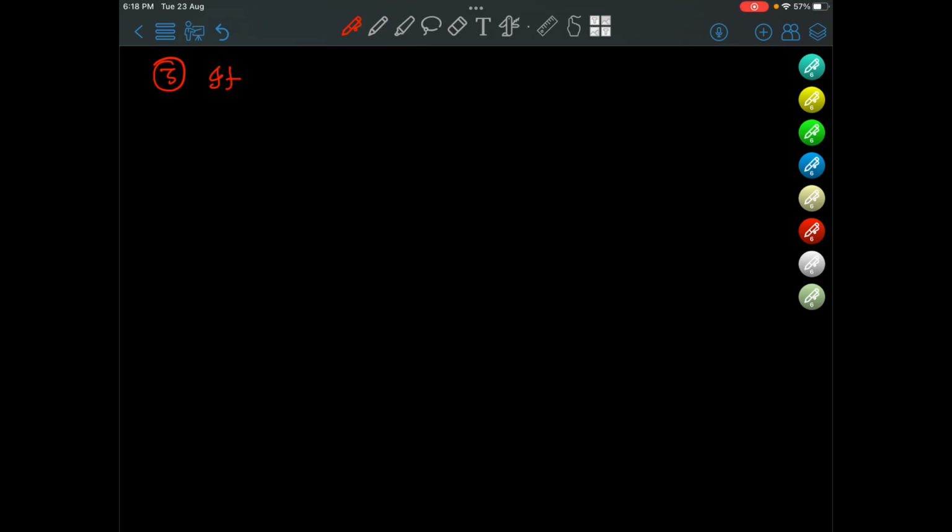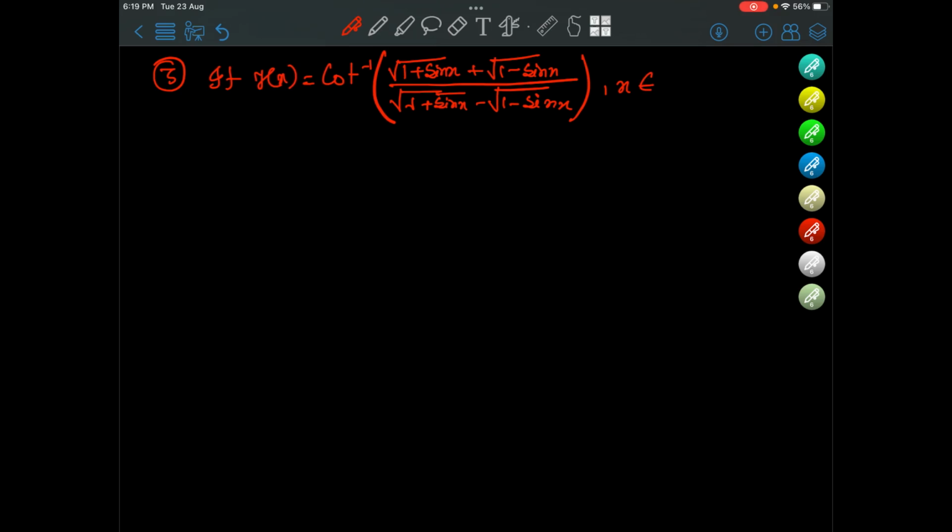The question is, if y of x equals to cot inverse of root of 1 plus sin x plus root of 1 minus sin x divided by root of 1 plus sin x minus root of 1 minus sin x, and x belongs to pi by 2 to pi, that means x is within pi by 2 and pi, then find out the value of dy/dx at x equal to 5 pi by 6.